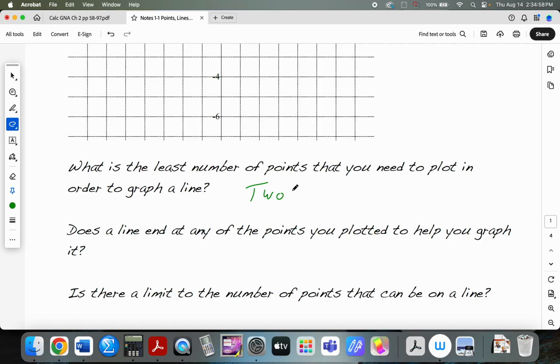So the next question is, does a line end at any of the points you plotted to help you graph it? No. Does it end there? No. And the explanation for that is a line is infinite.